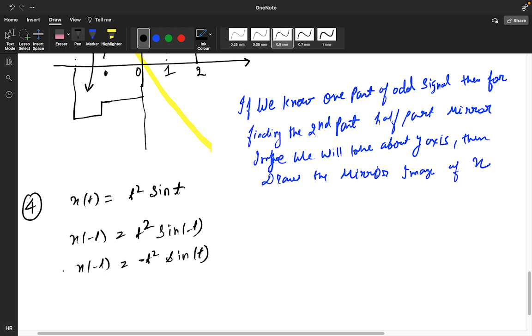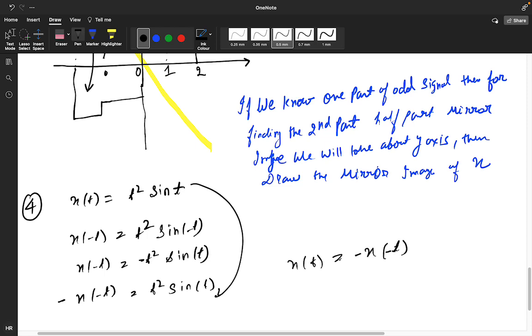Now if you multiply by a negative, minus x of minus t, you get t square sine t. So this is the same as x of t. So x of t is equal to minus x of minus t. So that is your odd signal.